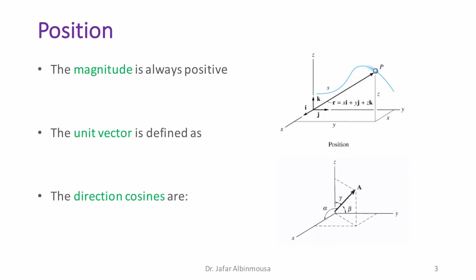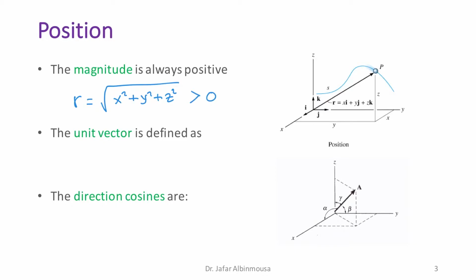Now, to start with the description of the kinematics, we need, as usual, to start with the position. For the position vector, we already defined it. So its magnitude is going to be r, which is equal to the square root of x squared plus y squared plus z squared, which is always greater than 0, always positive.